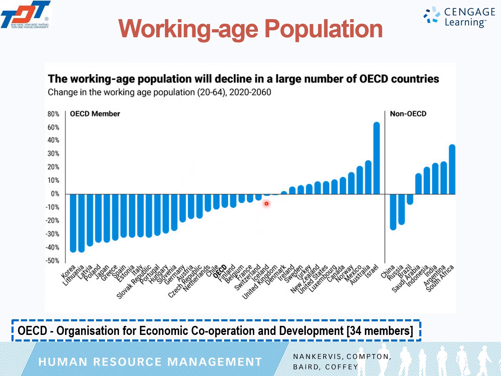What we can see from this figure is that in most cases, or at least 60% of the OECD member states, there will be a decline in the working age population. Most severely affected will be countries such as South Korea and Lithuania, where in the next 40 years it is projected that the working age population will decline by over 40%. Other countries that will see negative growth include Latvia, Poland, Estonia, Hungary, Slovak Republic.